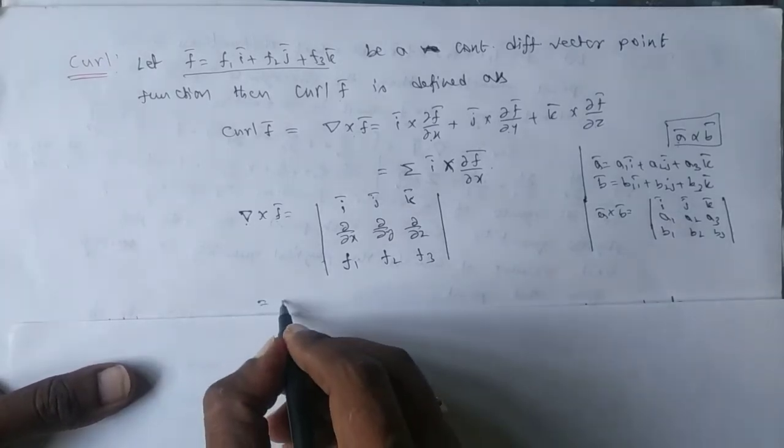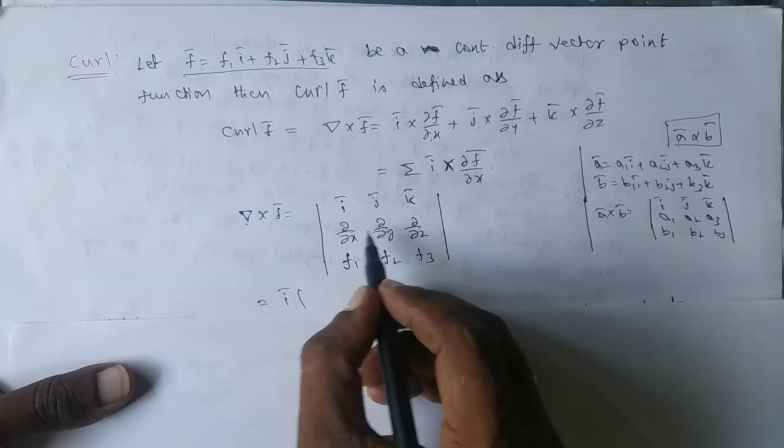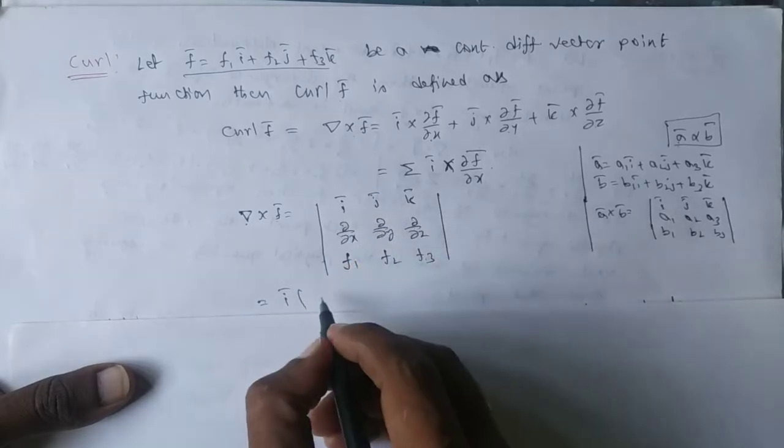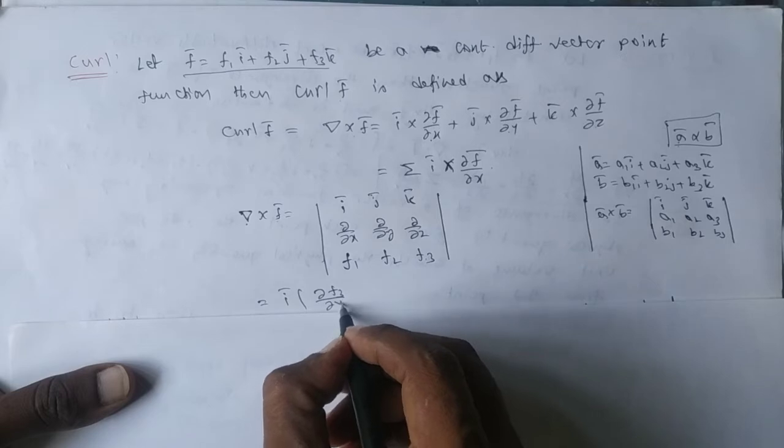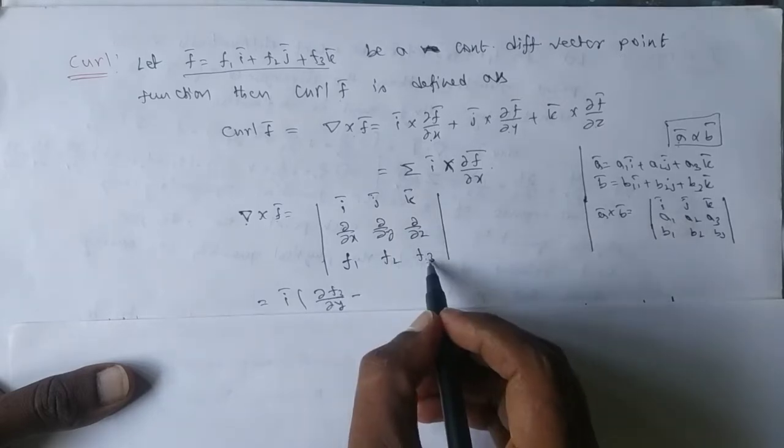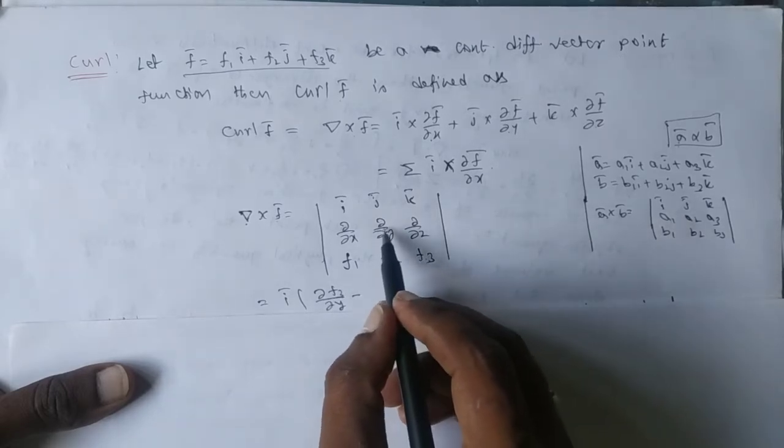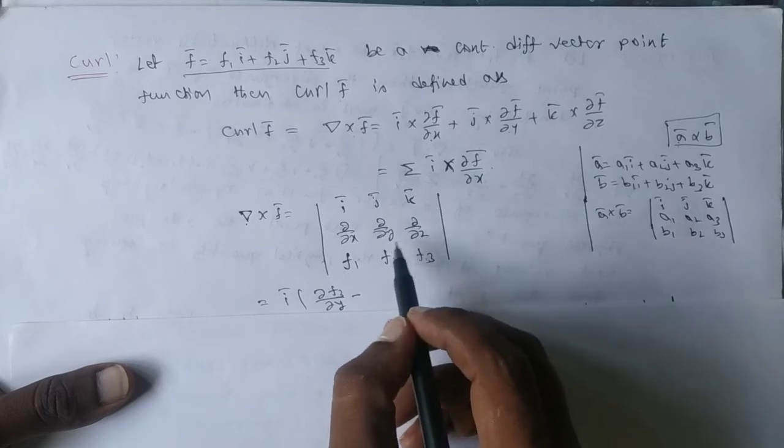It is equal to I bar into the determinant of this one, that is dou f3 by dou y minus, you should take the derivative of f3. You don't write it as dou f3 into dou by dou y, which has no meaning at all.